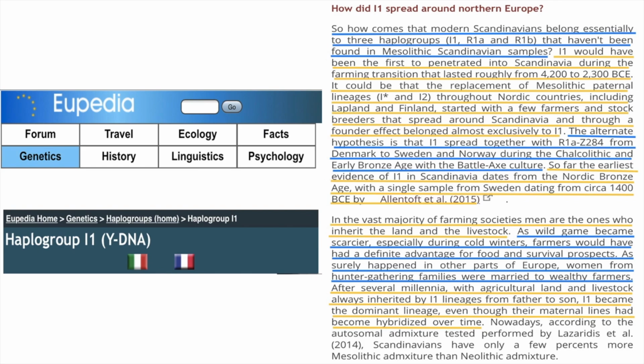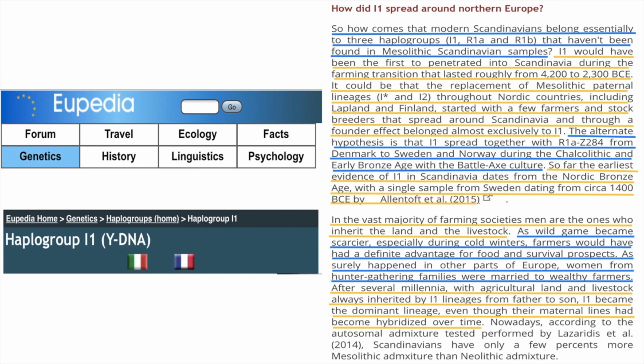It could be that the replacement of Mesolithic paternal lineages I* and I2 throughout Nordic countries, including Lapland and Finland, started with a few farmers and stock breeders that spread around Scandinavia, and through a founder effect belongs almost exclusively to I1.